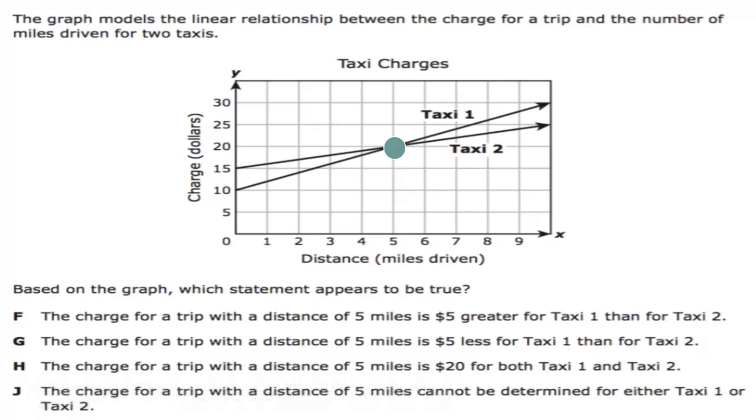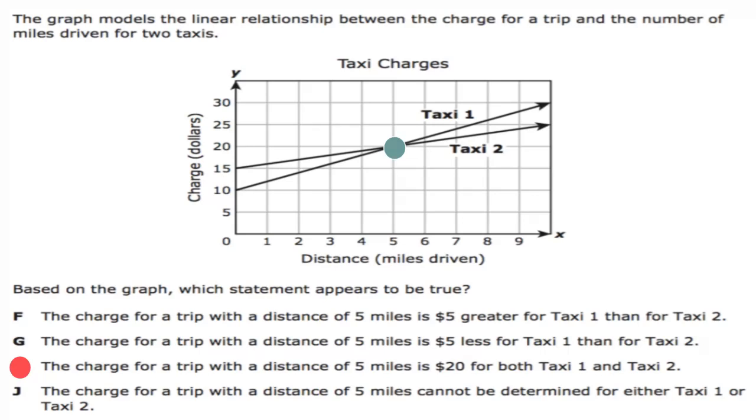The charge for a trip with a distance of 5 miles is $5 less for taxi 1 than for taxi 2. That's not true. The charge for a trip with a distance of 5 miles is $20 for both taxi 1 and taxi 2. That's the answer choice that I will go with because that's what I had already determined.